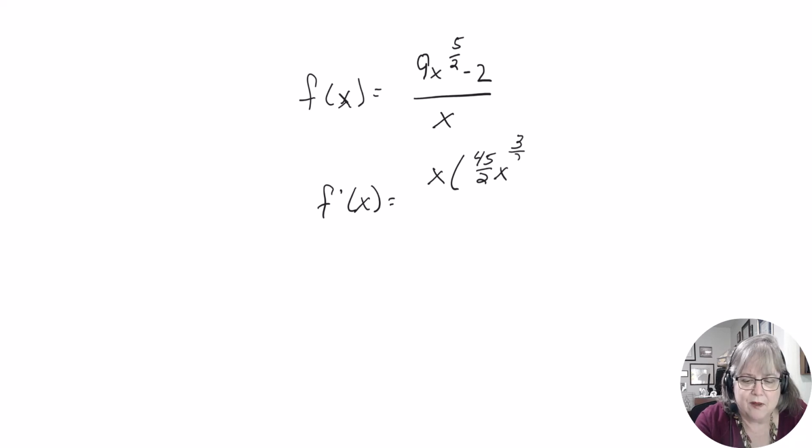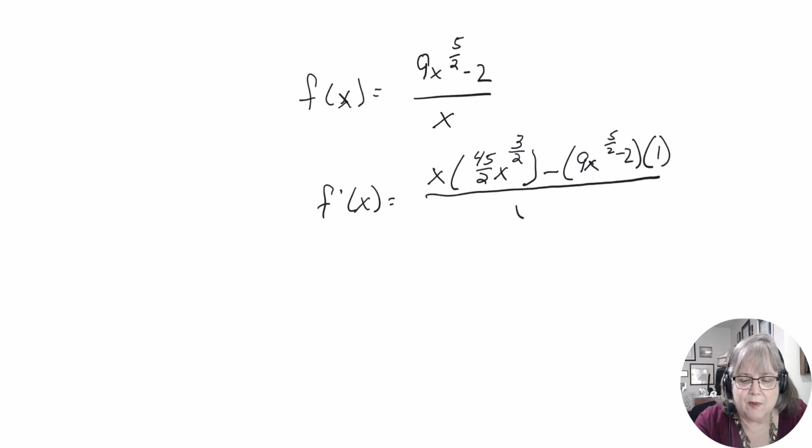Leaves you 3 halves. Okay, and the derivative of minus 2 is 0. So remember, it's the bottom times the derivative of the top minus the top times the derivative of the bottom, and the derivative of x is 1, all over the bottom squared.